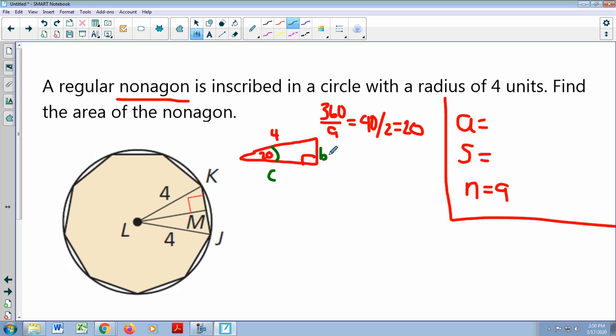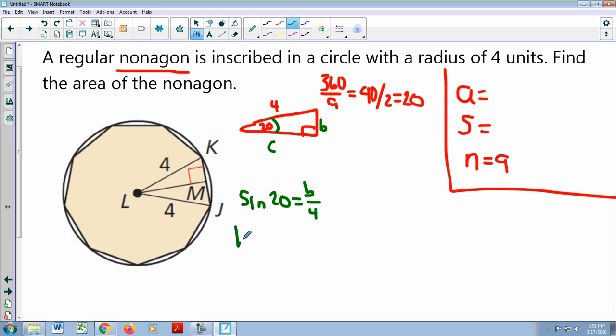B is my opposite. 4 is my hypotenuse, so I know that sine of 20 equals B over 4. I'm going to just throw that 4 in front of the bus. So 4 sine of 20, typed in my calculator, gives me 1.4.